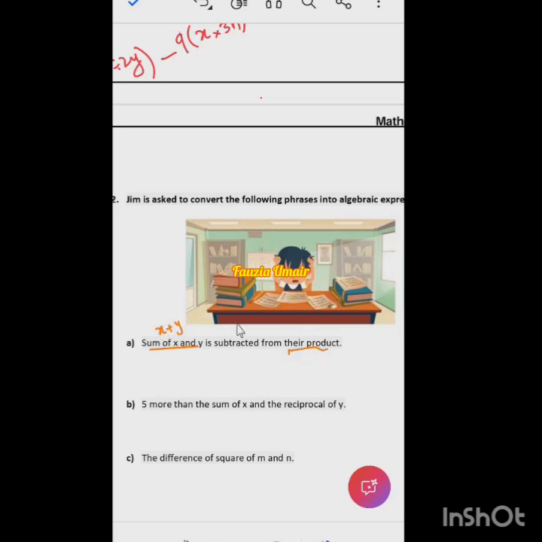What is the product of x and y? xy, right? So the sum is subtracted from the product. So which value will come first? xy minus x plus y. Very good. So xy minus x plus y. So we will put this bracket so that x and y are added together first.